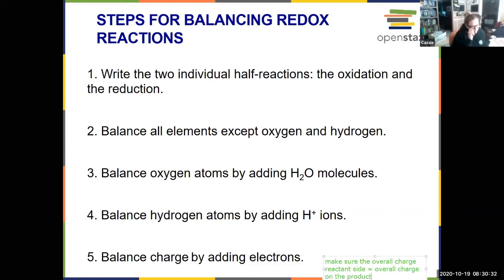That's rule 5. That's what rule 5 is basically saying. And the way you do that is by using electrons, right? So you add electrons as needed.